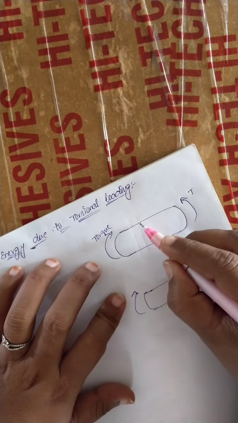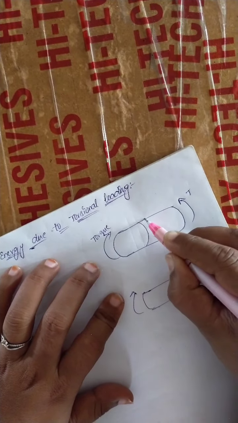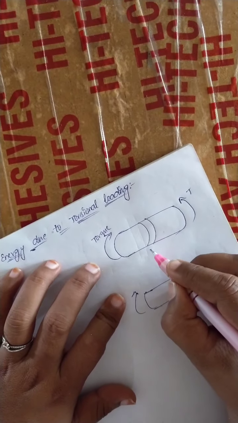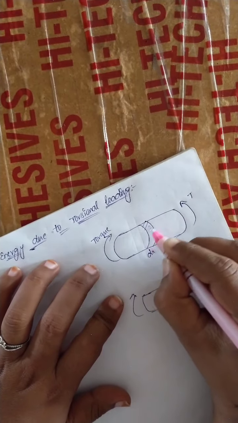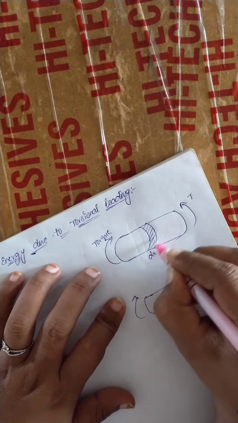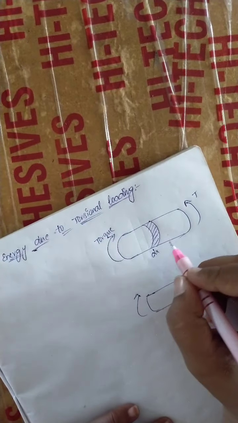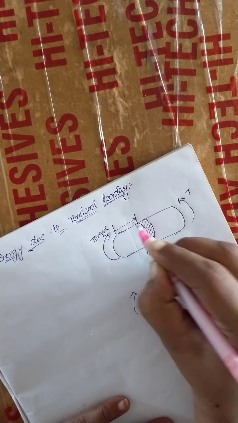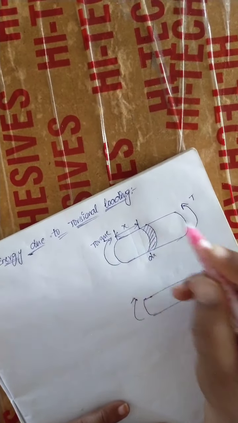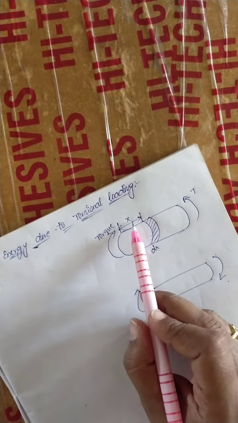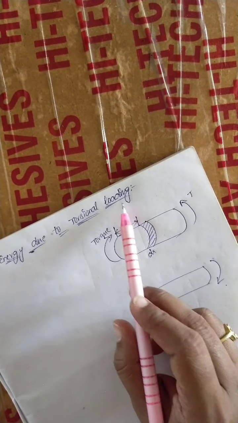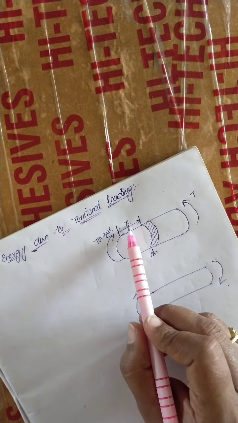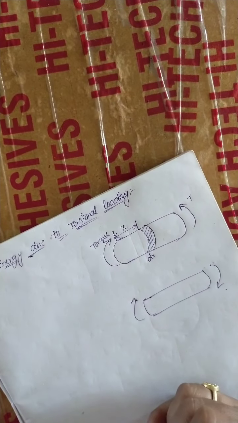Here also I am considering some elemental strip which is having a length of dx, and it is at a distance of x. Why are we considering this? This leads to moments, so this length is helpful while you are doing the derivation.